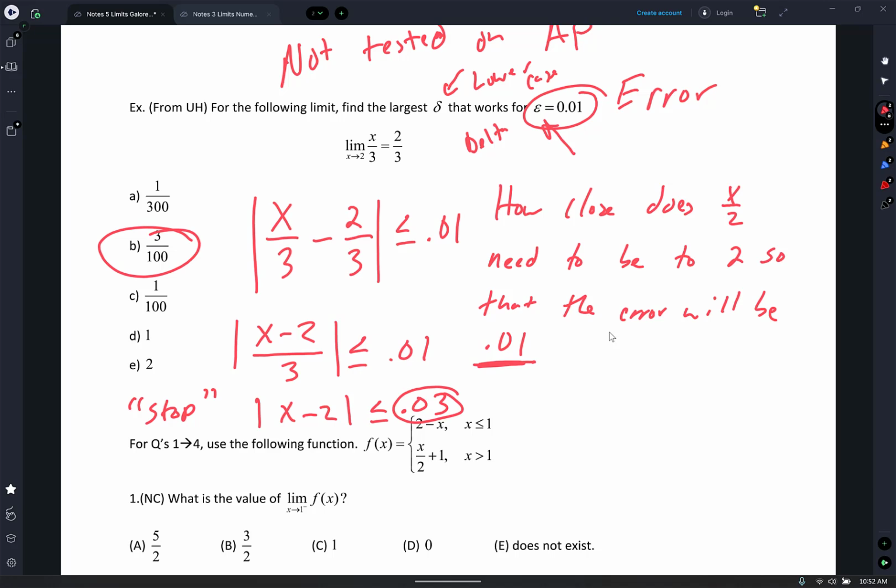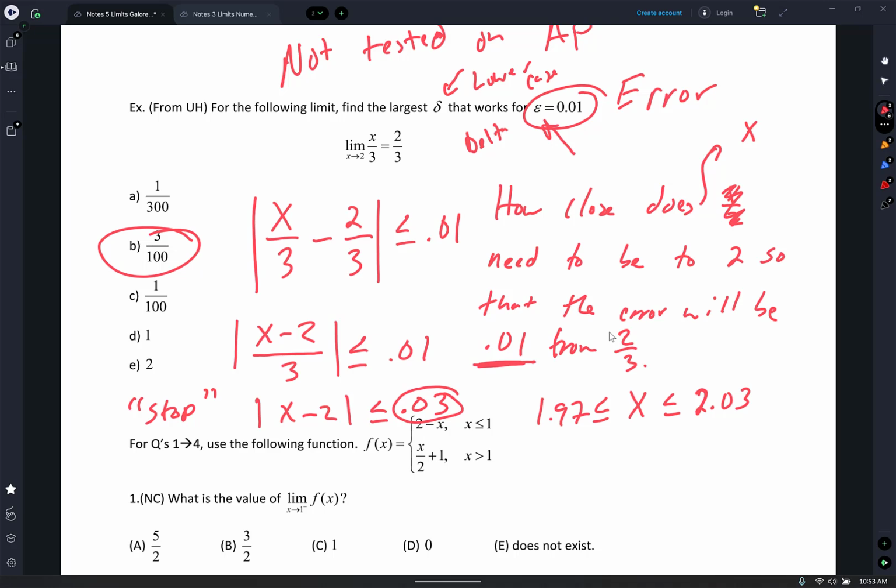If you were to continue to solve it, you would do this. X less than or equal to, and then plus 2, so 2.03. And then what's 2 minus 0.03? 1.97. So yeah, it's really how close does x need to be to 2 so that the error will be 0.01 from 2/3.